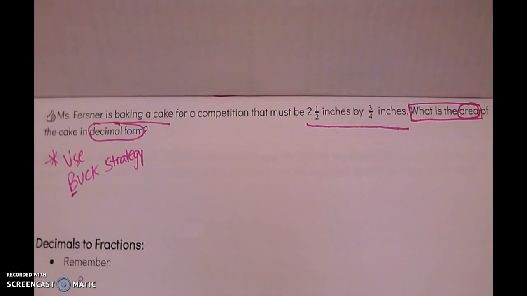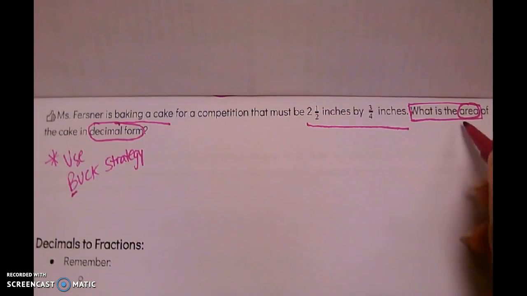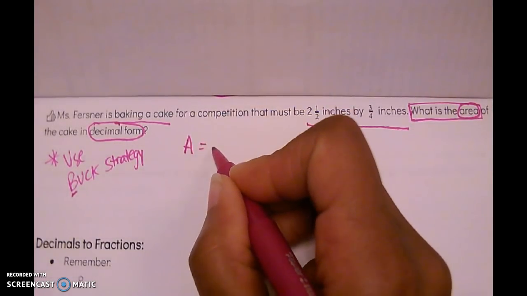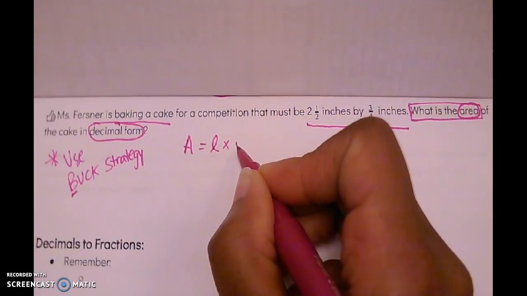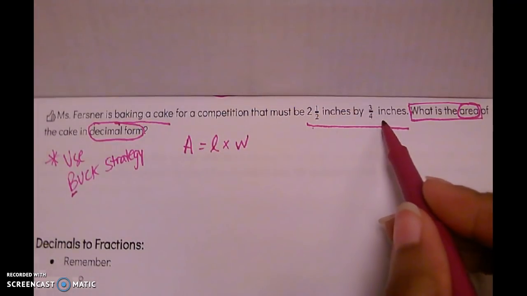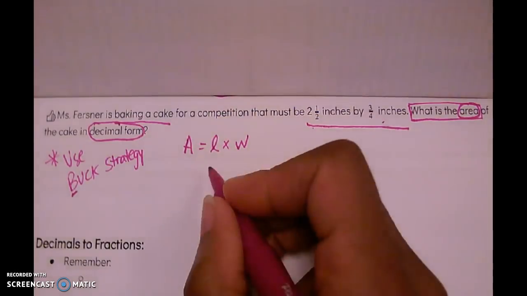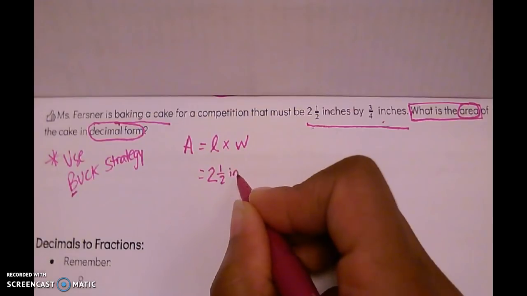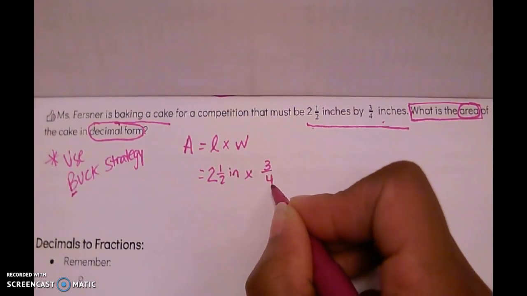Next, I can go ahead and solve the problem. The first thing that I know is that I'm asked the area. So I have to know my area formula, which is area equals length times width. If I'm already given 2 dimensions, then I can go ahead and plug those in. 2.5 inches times 3/4 inches.